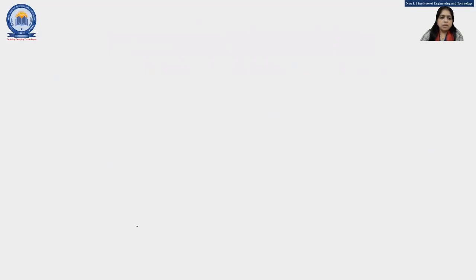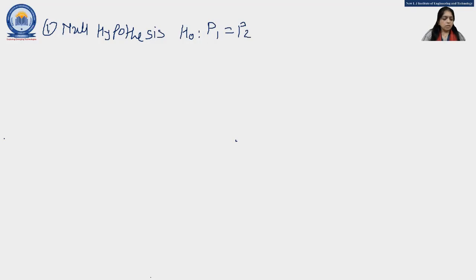Number 1, null hypothesis H naught, and that is P1 equal to P2. Here, the meaning of P1 equal to P2 is there is no significant difference in the proportion of consumers of tea before increase in excise duty and after increase in excise duty.